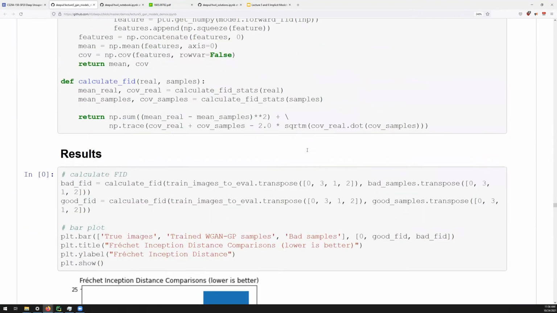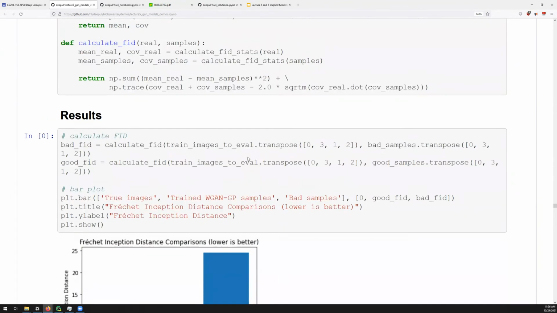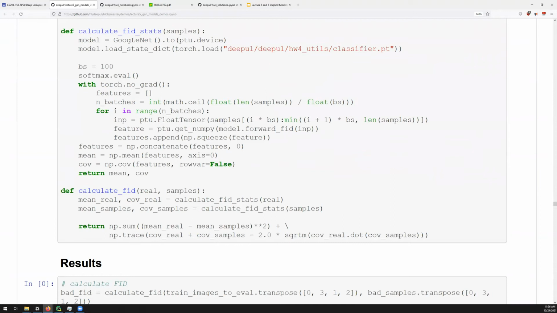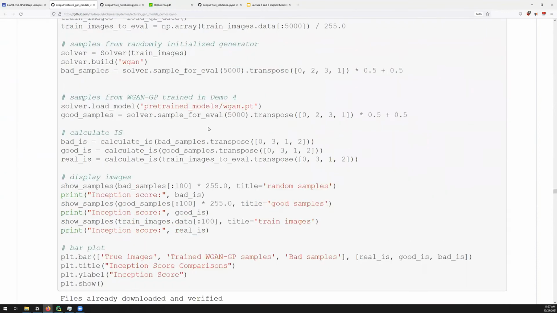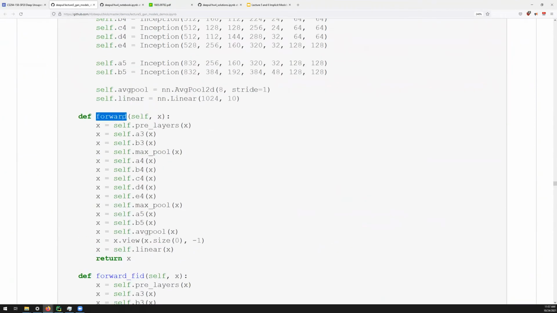Okay, so it's also calculated the same way, and they have the same curve. Let's see how they calculate it. So they have the forward FID. Let me go back here. There's the forward that takes you from X to the final layer, right?